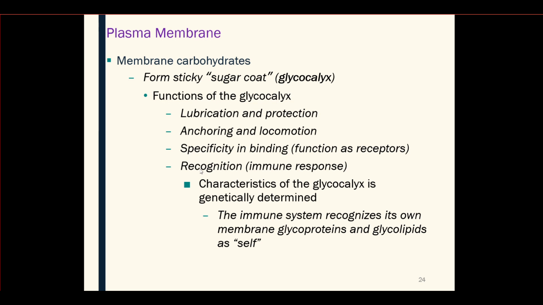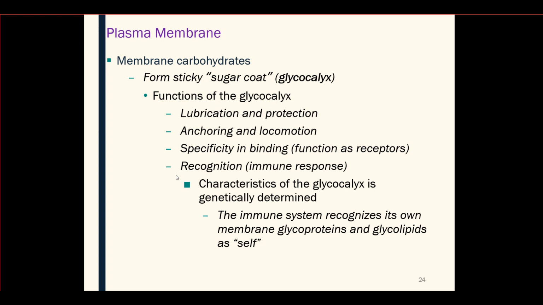And this last one is an important one. This glycocalyx helps with recognition. Everybody's glycocalyx is going to be a little bit different. It's genetically determined. So our immune systems know our own glycocalyx, and that identifies our cells as ours. This is one of the reasons that people get tissue rejection when they have a transplant. If somebody else's glycocalyx is very different, our immune systems will attack those cells because they don't recognize the glycocalyx.